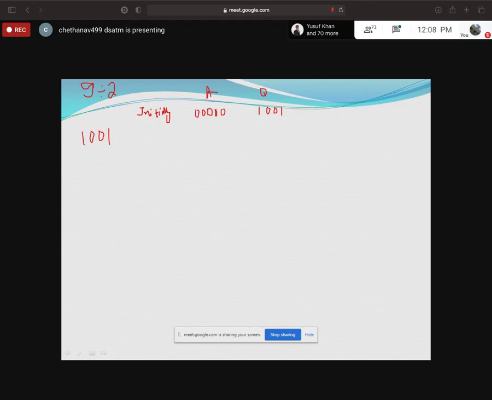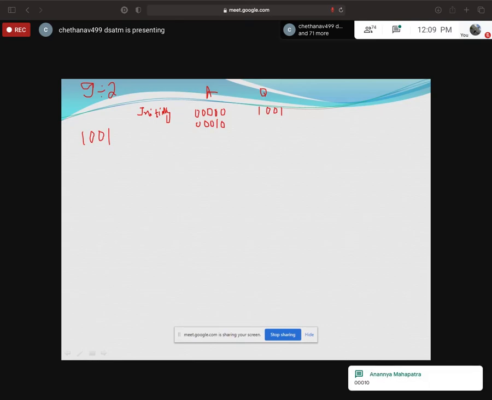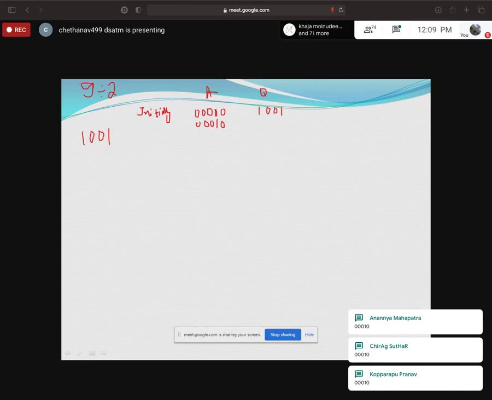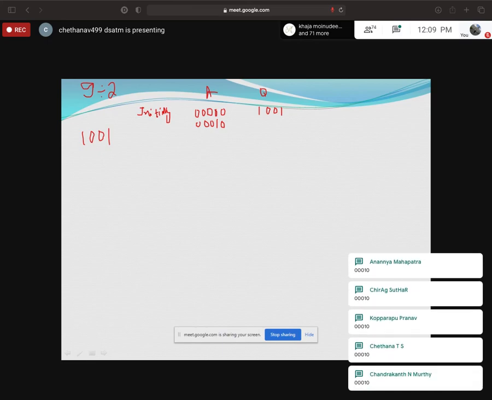Next, what is your M value? Very good: 0, 0, 0, 1, 0. This should again be 5 bits.